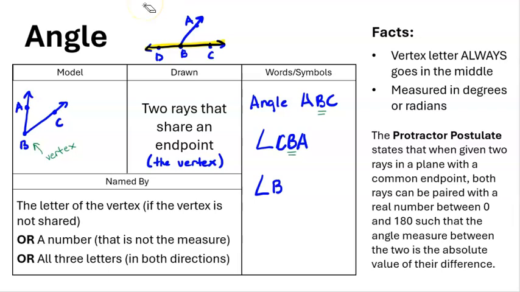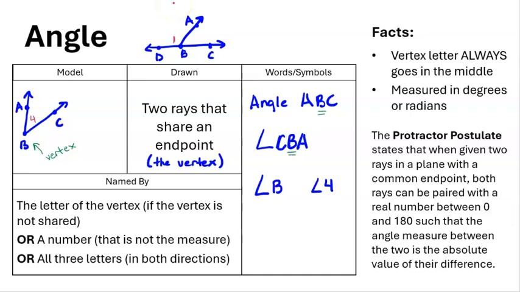So when it comes to angles, you can only call them by just the vertex if it's just a singular angle there. Also, you may also see it labeled with a number without the degree measure. And so we could also call this angle 4. In geometry, you're going to see where they often name angles using numbers.